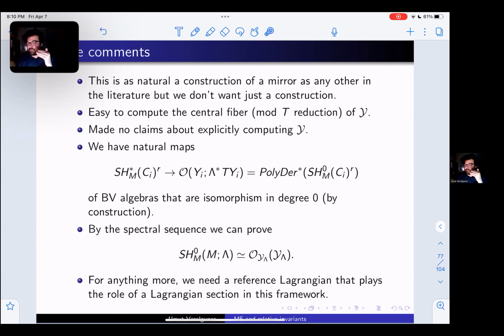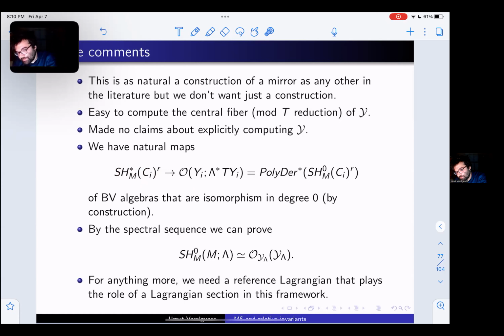Even for example, because of this local to global property that I said with the spectral sequence, I said that there are some natural maps between this regularized relative symplectic homology, but now I'm looking at all degrees.